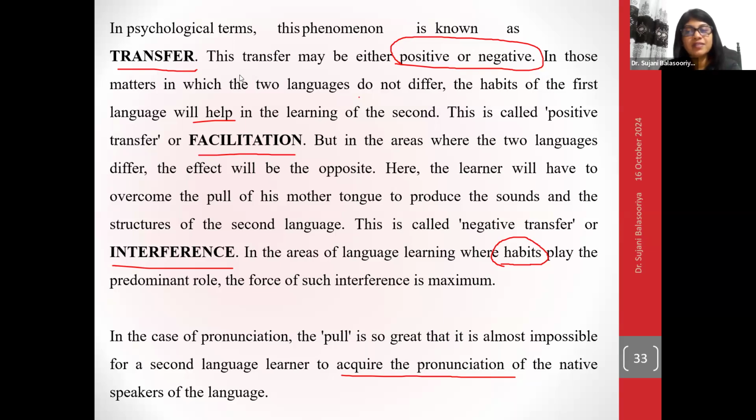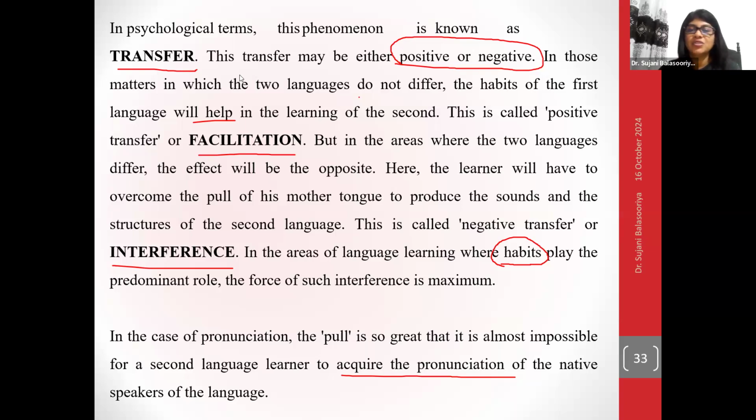If we do not converse with the native speaker, then we will not achieve native-like pronunciation, because actually we are not the native speakers of English. We are non-native speakers. Because already we have a language with us, we have the mother tongue.